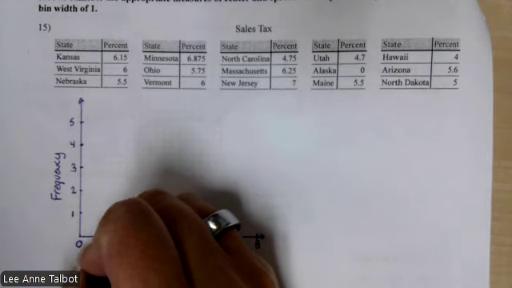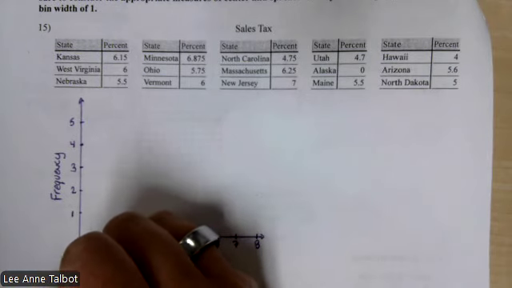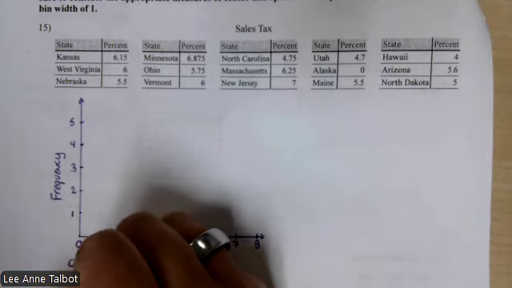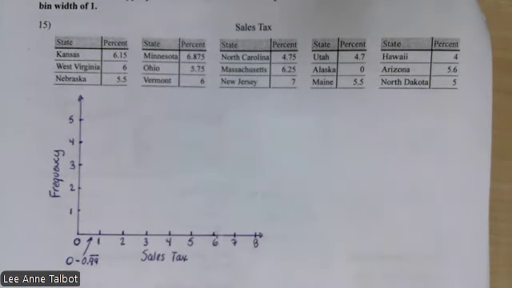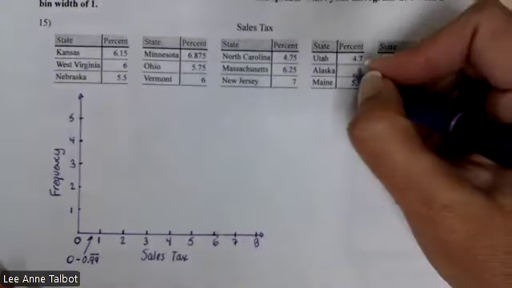The most important thing you need to know about a histogram is this is 0 to 0.99 repeating. Not to 1. Okay, so how many numbers are in the first bin? 1.